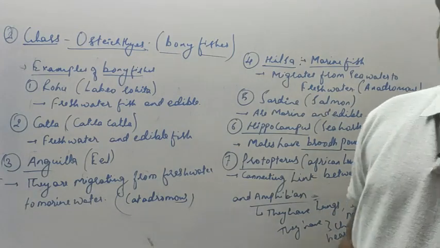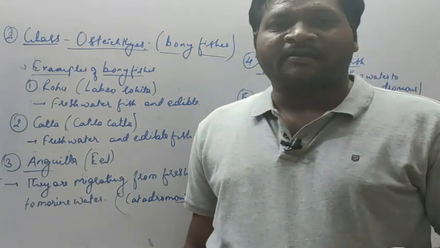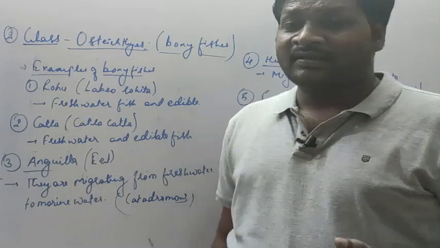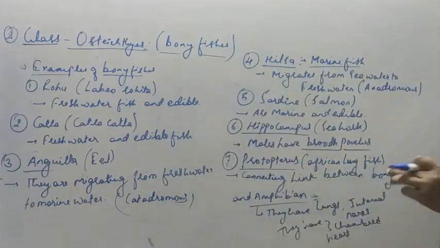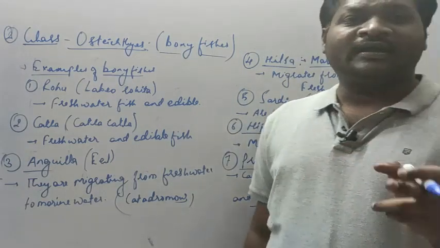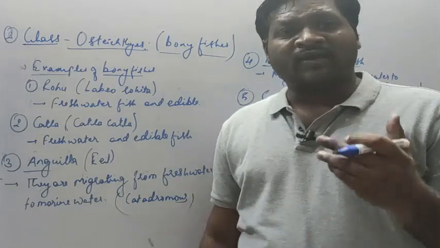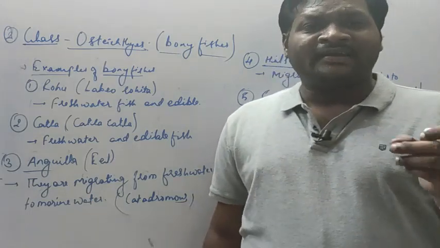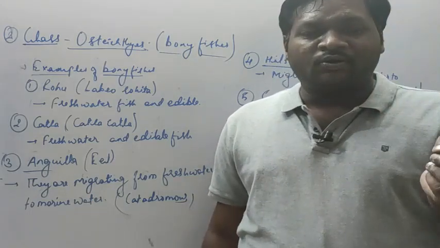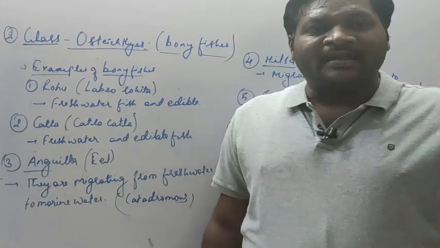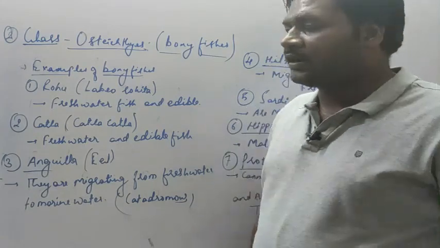In amphibians we see a three chambered heart, two auricles and one ventricle. In fishes we see only a two chambered heart, one auricle and one ventricle. And in aves, alligator and crocodile as reptiles, only these two reptiles, and the mammals, they have a four chambered heart.